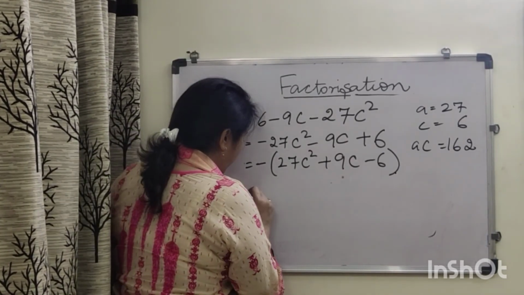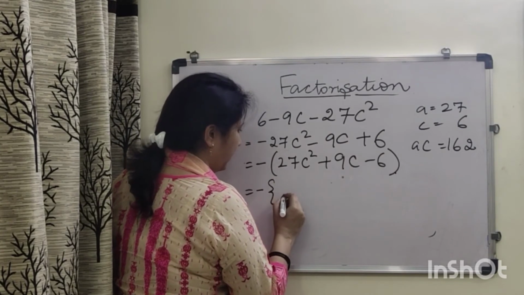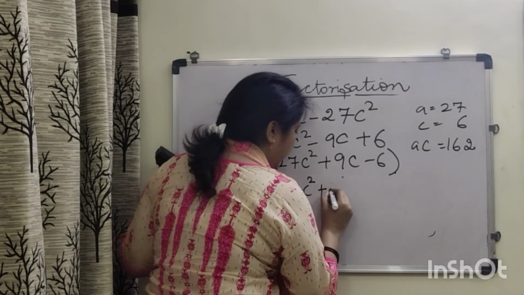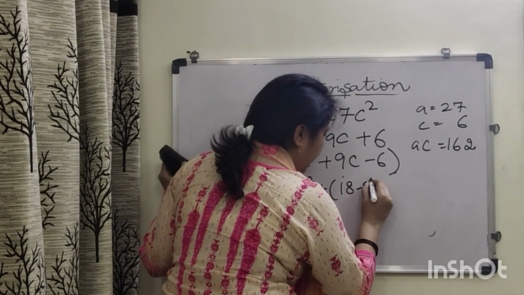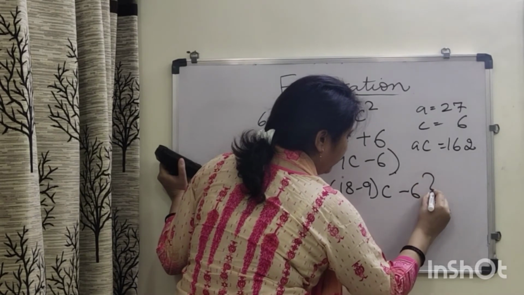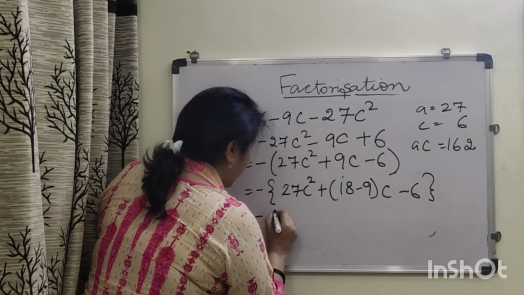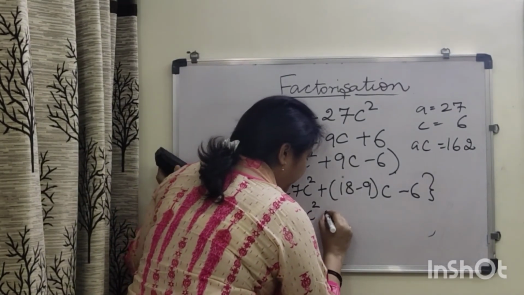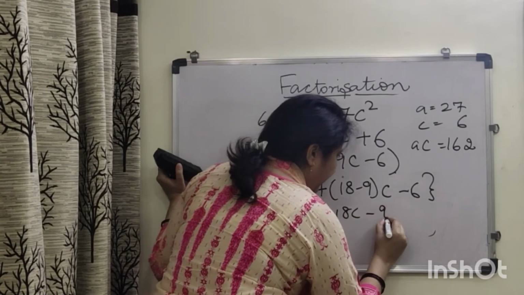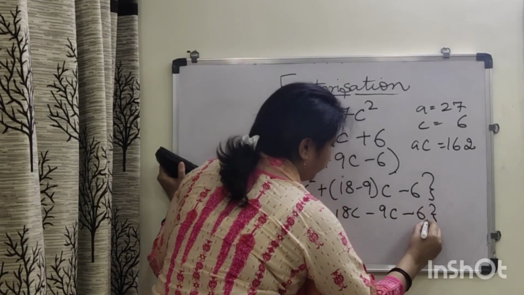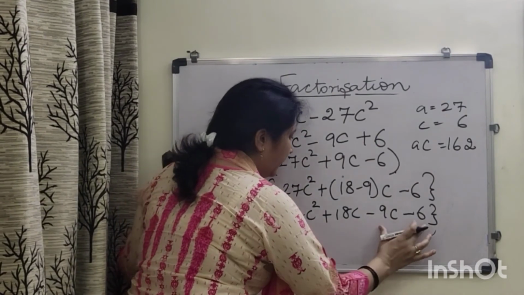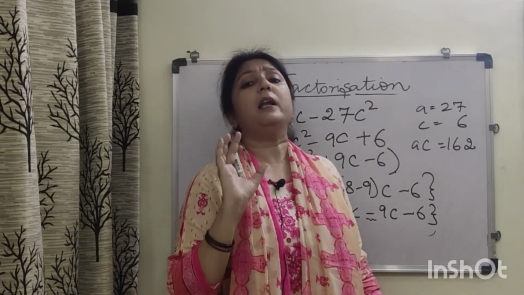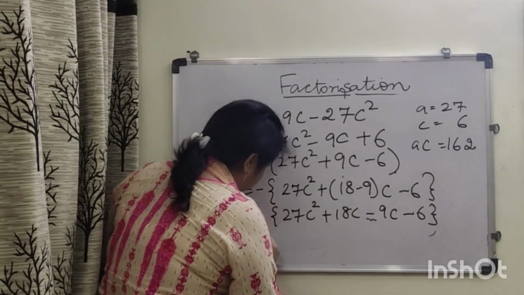So what we do, we introduce curly bracket and we write 27c square plus in bracket 18 minus 9 times c and minus 6. We keep this minus as it is, 27c square plus 18c minus 9c minus 6. Again children, if you look in this curly bracket, your second sign is negative, so you have to be very careful while grouping the terms.